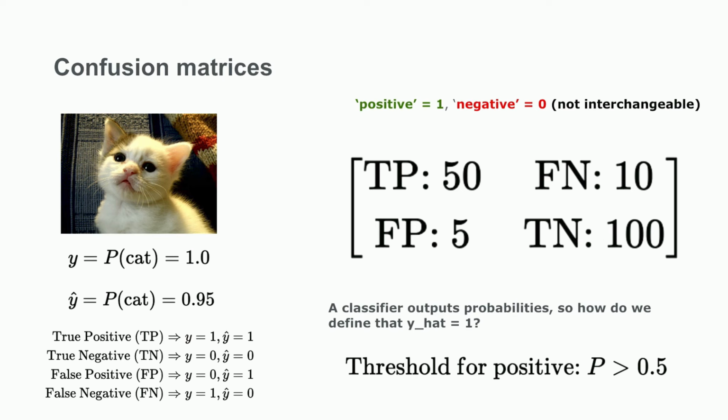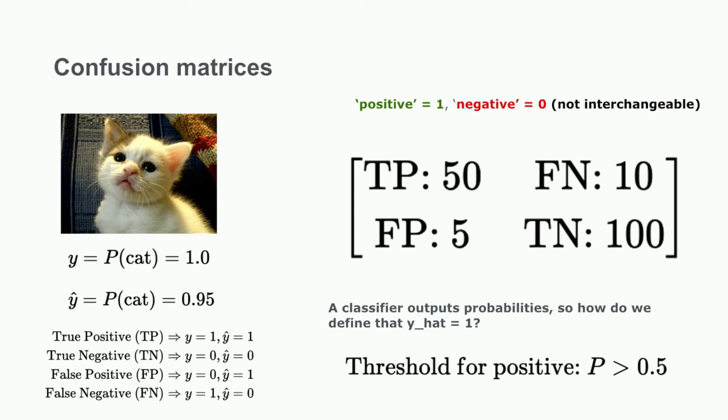These images were really cats, but we say that they were not cats. And this is something that we're evaluating in this situation with a threshold for positive that is a default, the one that we see in most machine learning libraries, where we say that if we have a confidence above 0.5, then the image is being labeled as a positive.